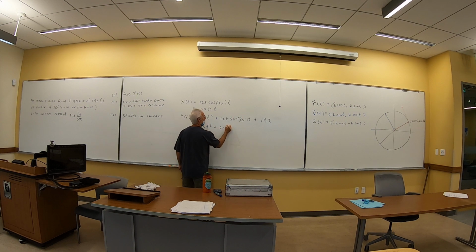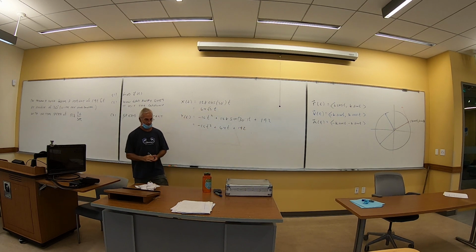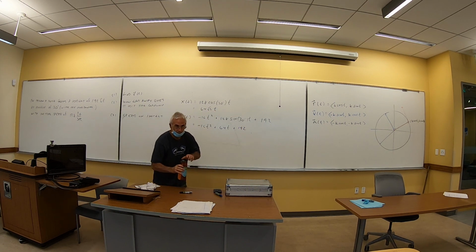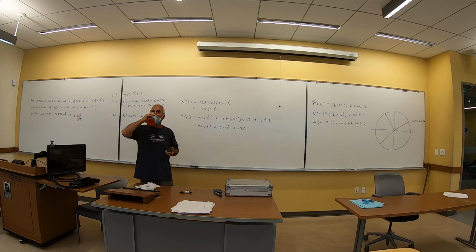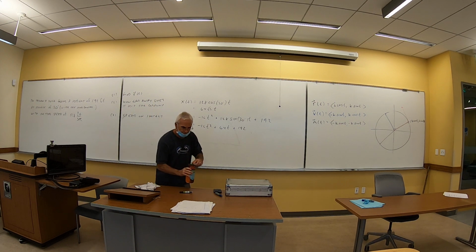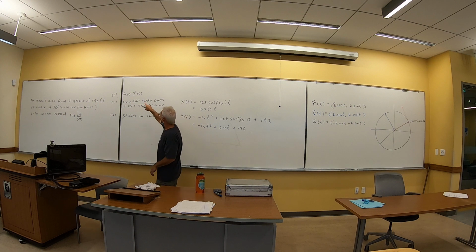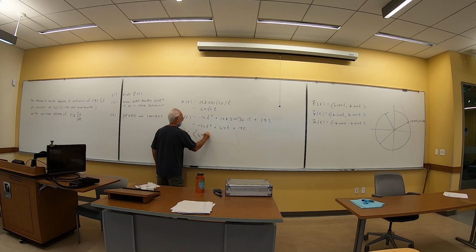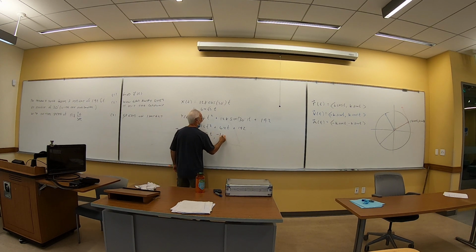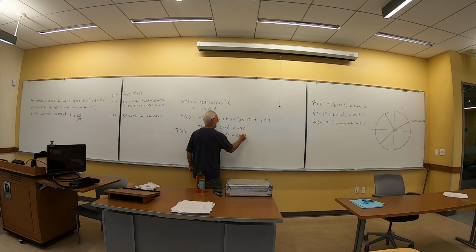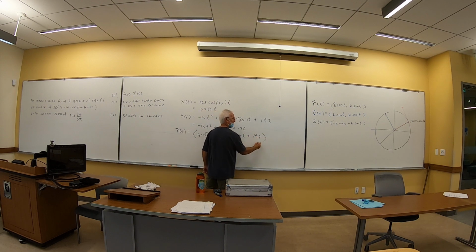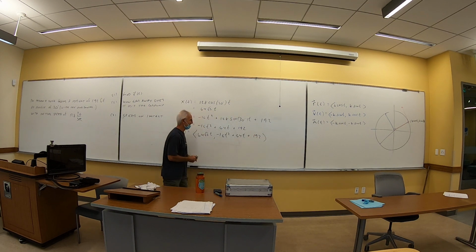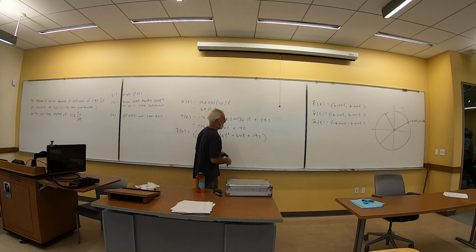So this would just be 64t plus 192. First, find R of t. All right, so there's my first thing. There's my R of t.